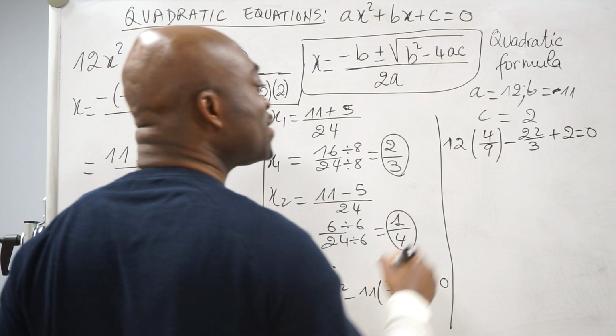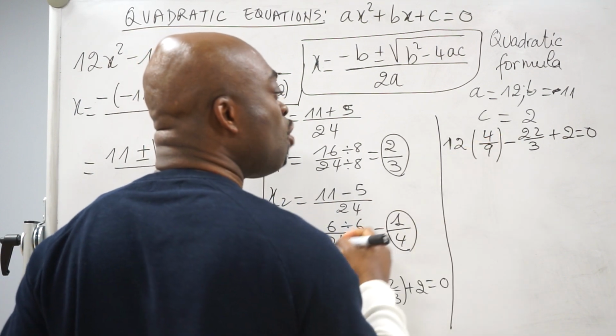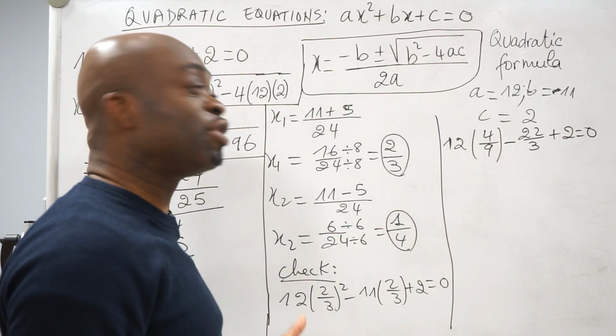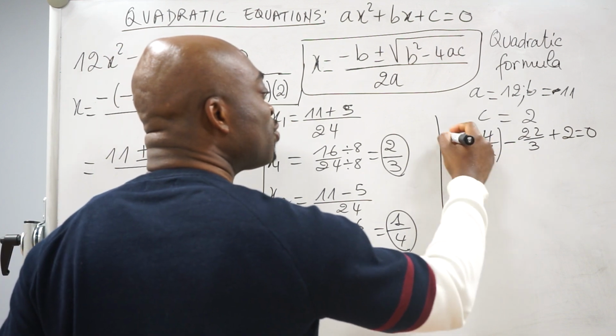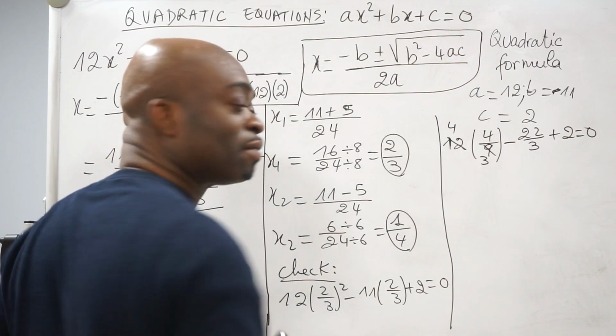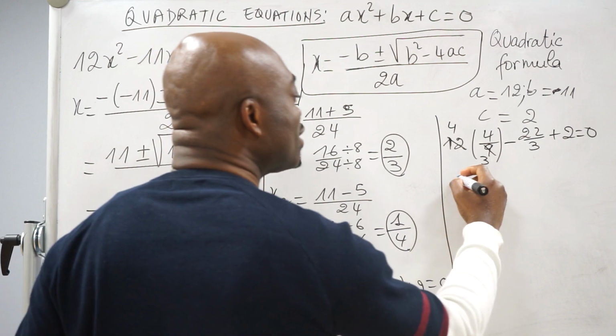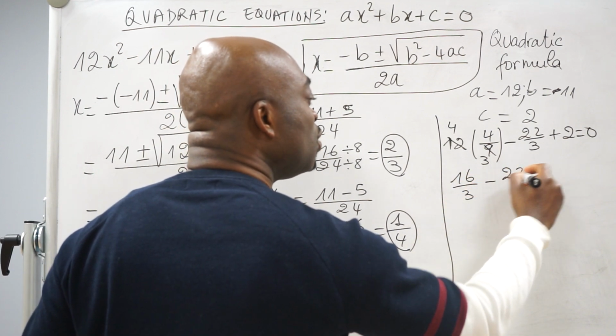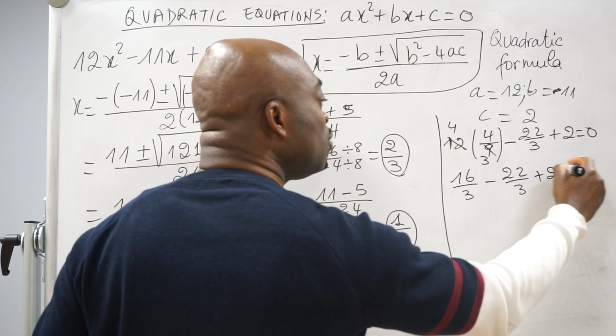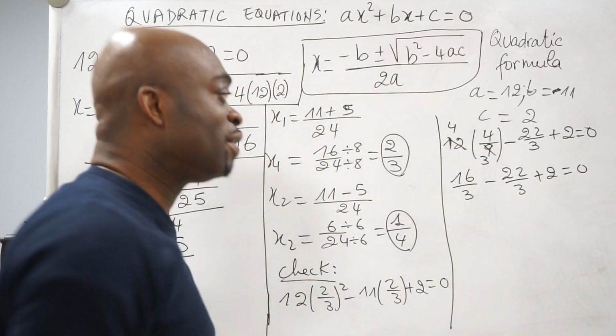So now in this case, you have 12 times 4 over 9. Somebody can reduce before you multiply, because 3 can go into 9 3 times, and 3 can go into 12 4 times. We good? So this one is giving you 16 over 3 minus 22 over 3 plus 2 equals 0. So what can we do here?